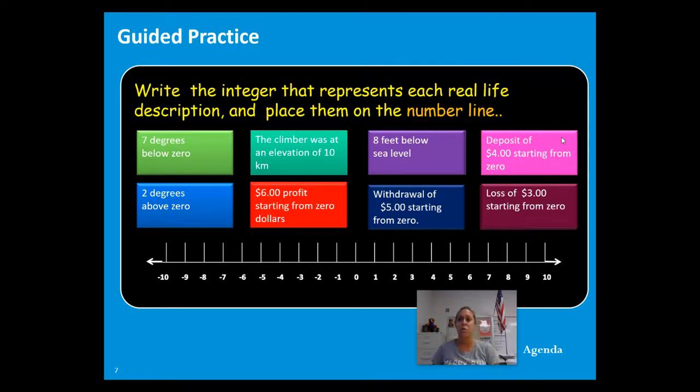So I want you to draw this number line in your journal. And as we go through it, you can even use different colors, if you have colors near you, to represent these scenarios on your number line. So you're going to pause this video, draw your number line, and place these scenarios where you feel they belong.